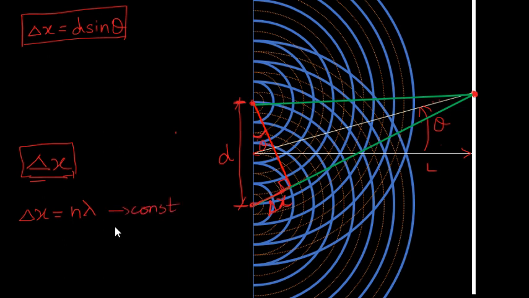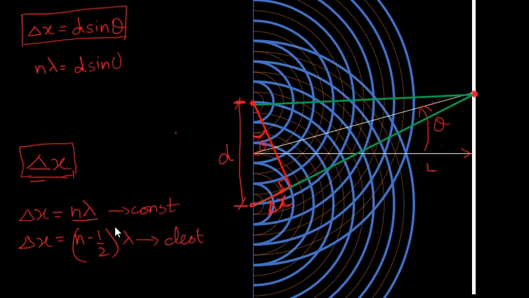What if it is destructive? Then it would be n minus 1 over 2 times lambda, right? For destructive. If that is the case, I can substitute this over here and I will get n lambda is equal to d sine theta, when we have waves initially in phase and constructive interference is happening.